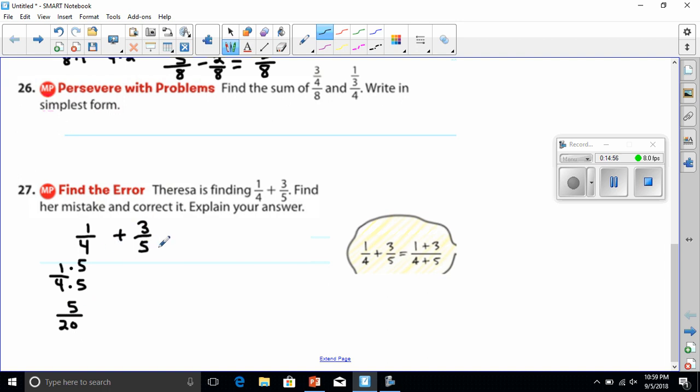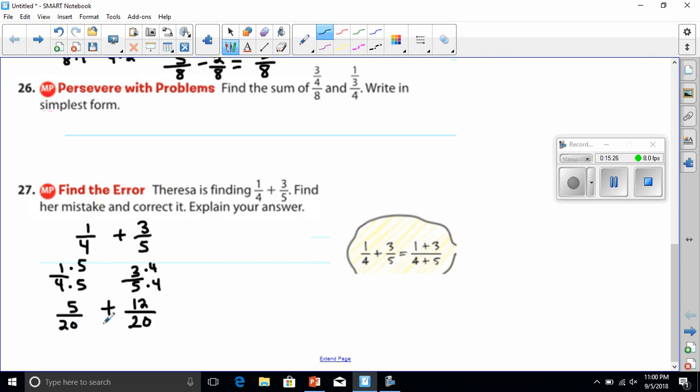Now, to get 3/5 with the denominator 20, we remember that we need to multiply 5 by 4 to get 20, and whatever I multiply on the bottom, I must multiply on the top. So I have 3 times 4, that's 12, and 5 times 4, that's 20. And remember, this was a positive number, so we'll put a positive sign there.